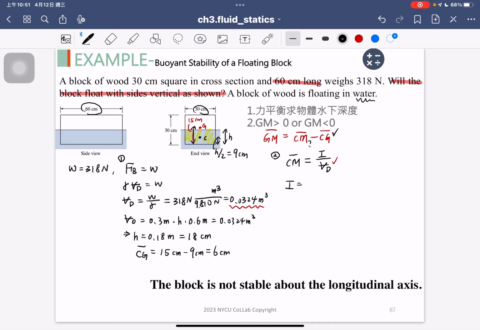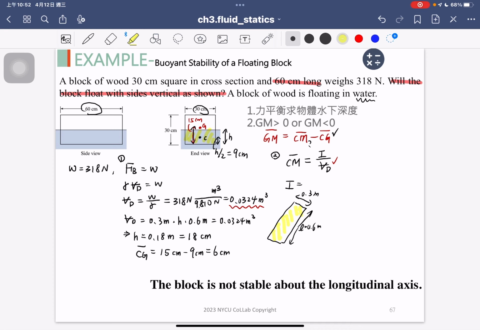So right now, the shape of the water line plate: this is our length, and the length is 0.6 meters, right? The water line area is this area, and the width there is 0.3 meters. So the yellow region is our water line area.